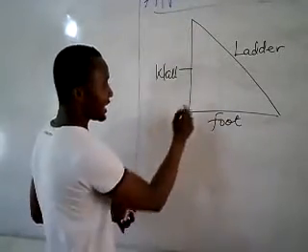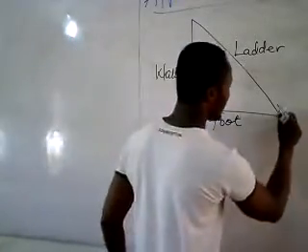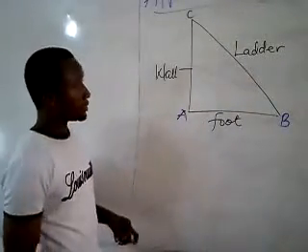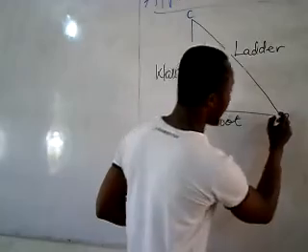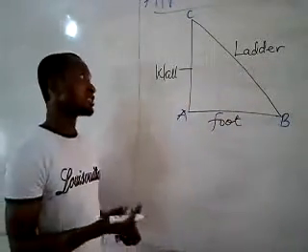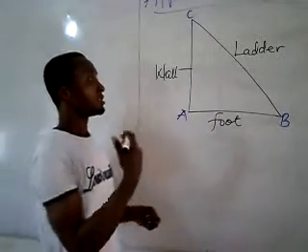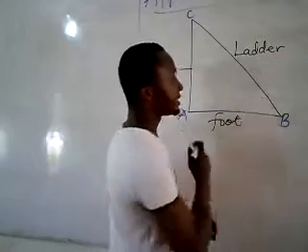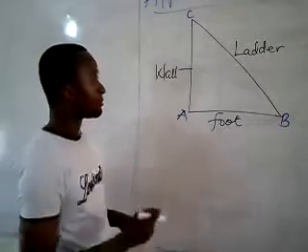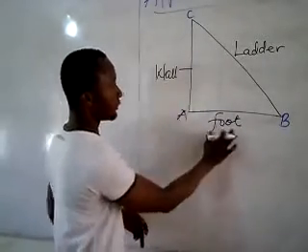Where we have a wall, I can name the vertices A, B, and C. Now, in the same way as we did in writing the formulas for trigonometry, we can do the same for the applications of trigonometry. Sometimes you can be asked to find an angle or any side of this diagram: the wall, the foot, the ladder.